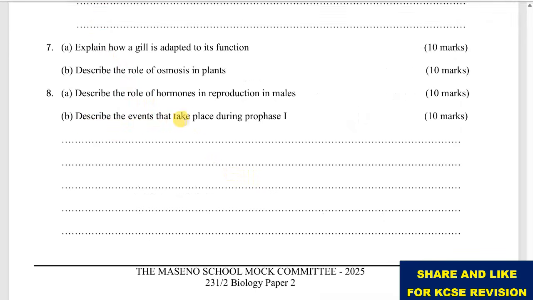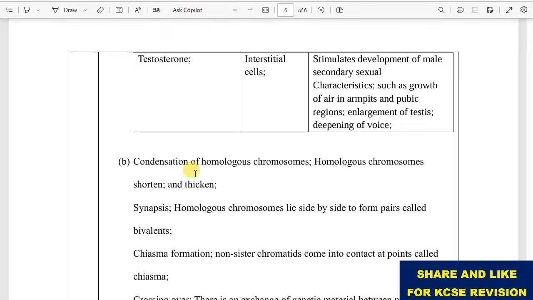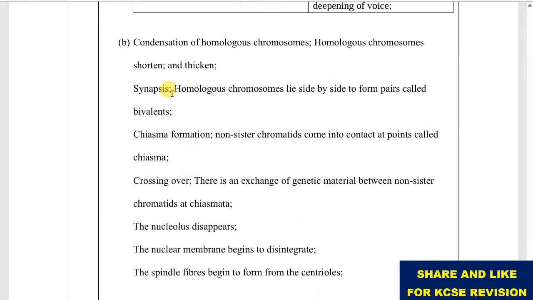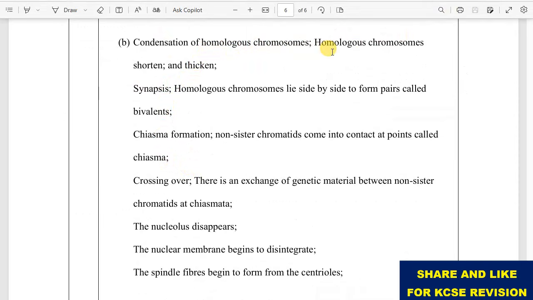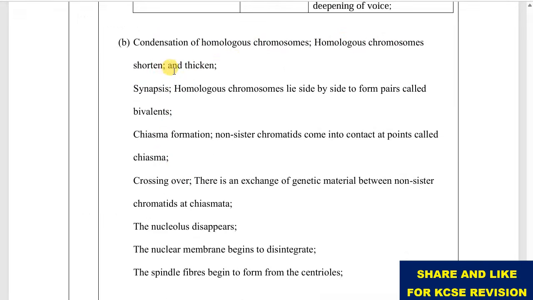Describe the events that take place during prophase 1. Condensation of homologous chromosomes. Homologous chromosomes shorten and thicken. Synapsis. Homologous chromosomes lie side by side to form pairs called bivalents.